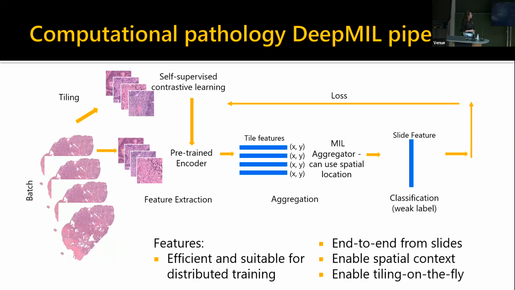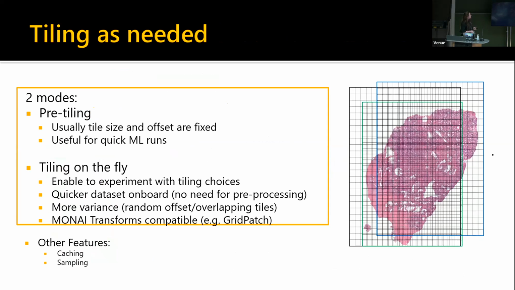That means you can fine-tune your encoder at training time based on your loss. And I want to remember here that we usually have labels just for the full slide, not for each tile.